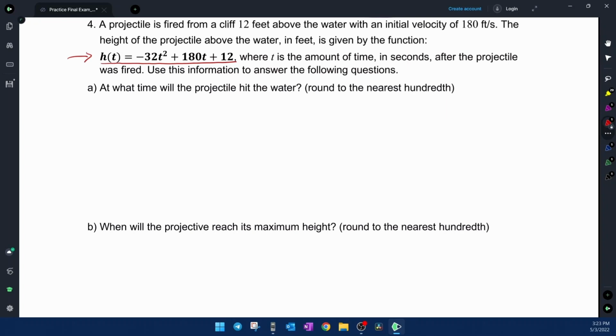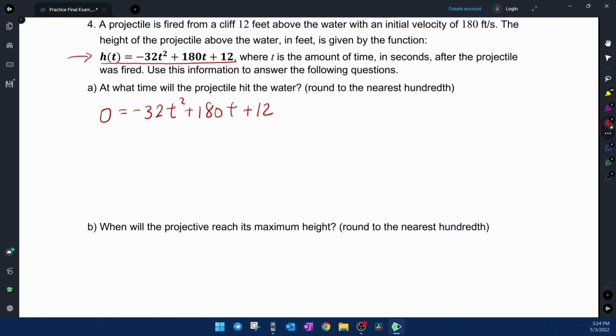Well, we know h of t, the function notation, represents the height of the projectile above the water. When it hits the water, it's going to be at a height of 0. So we can answer this question by setting h of t equal to 0 and then solving the quadratic equation for t.